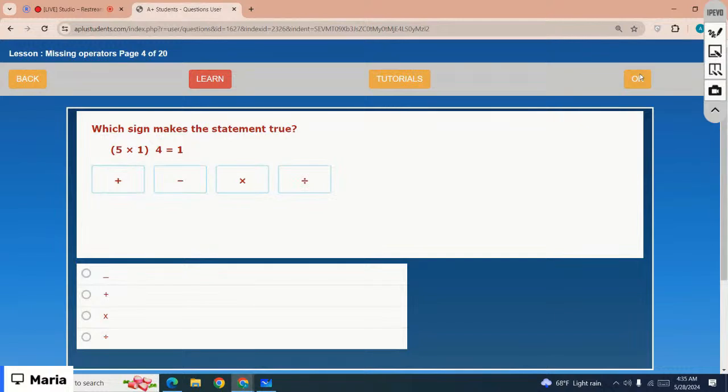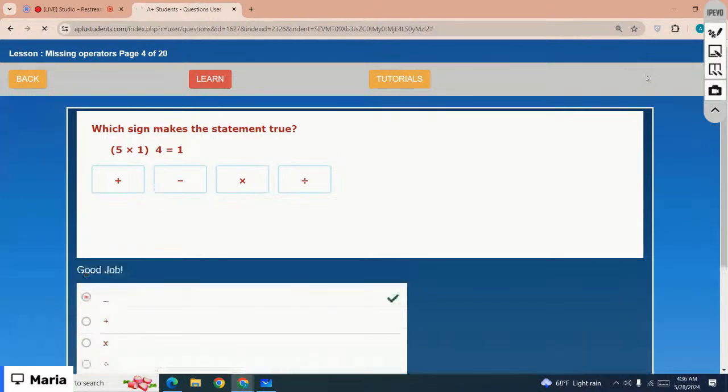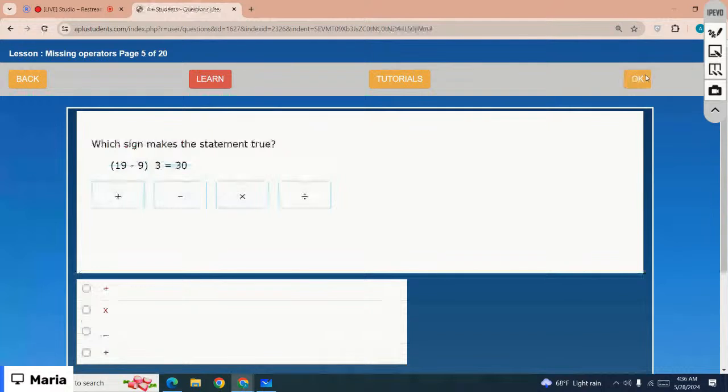Okay, which is the correct option? 5 times 1 is 5. Then you have to subtract 4 so that you can have the answer 1. The correct option is subtraction. Which sign makes the statement true?